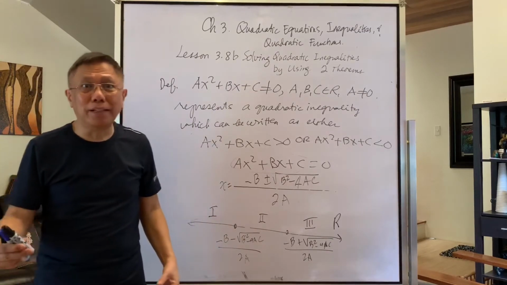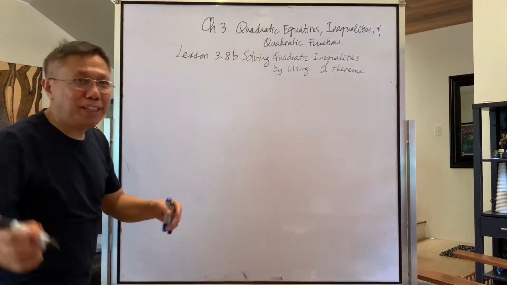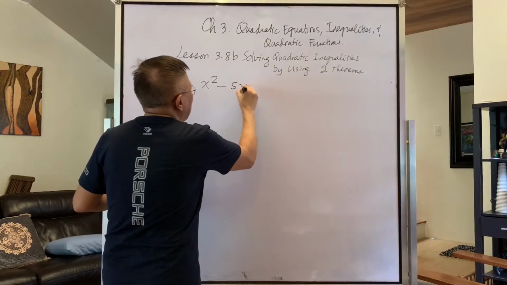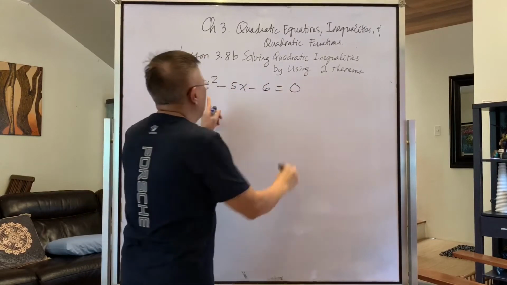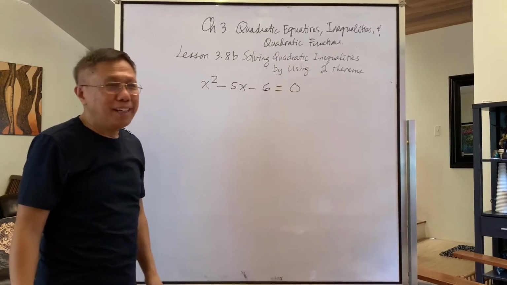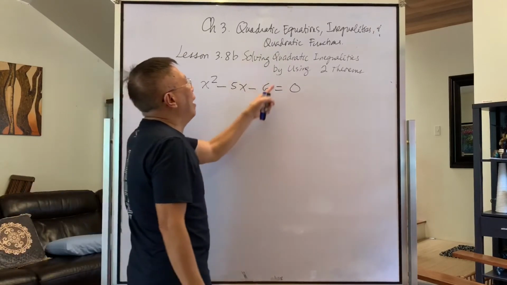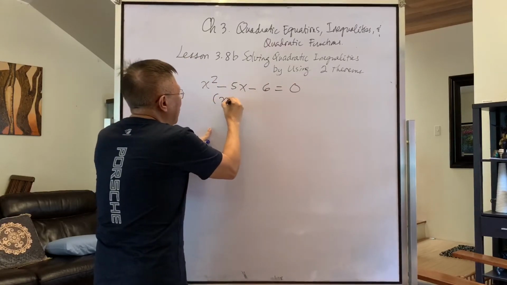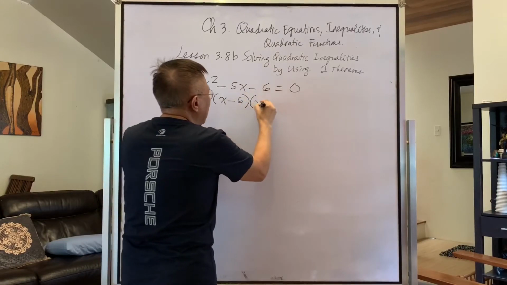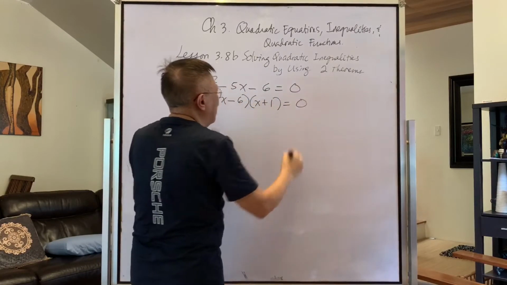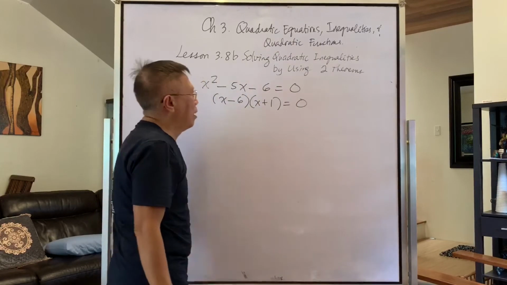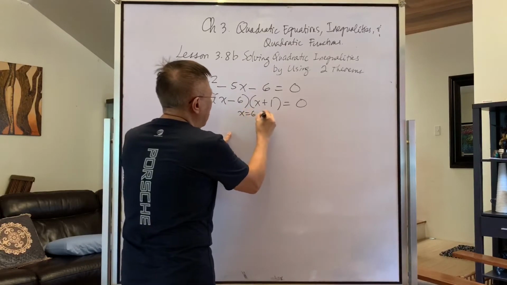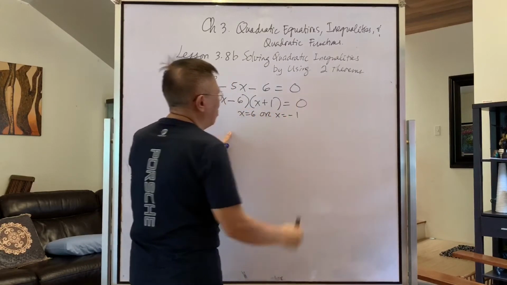Let's have a particular example. For convenience again, I'll be using this equation here: x squared minus 5x minus 6 equals 0. And I want to find out the solution set to this equation. I will do that by factoring. x minus 6, x plus 1 equals 0. And from the zero product property, I have either x equals 6 or x equals negative 1.